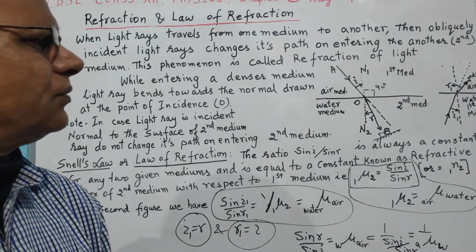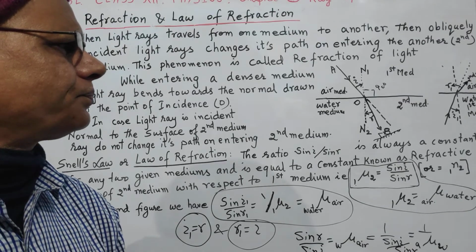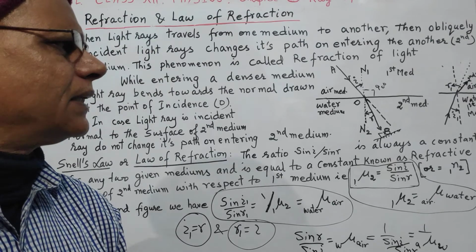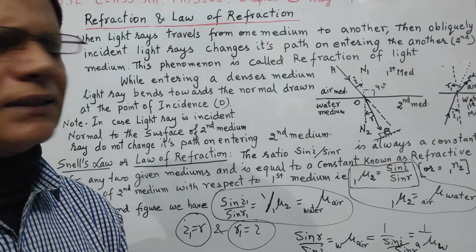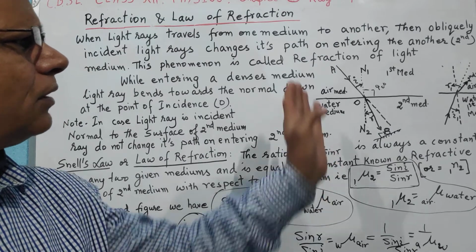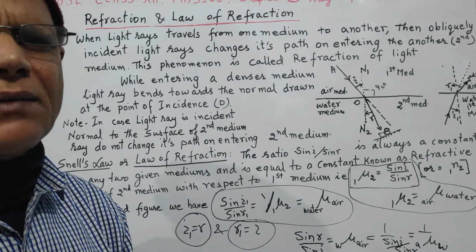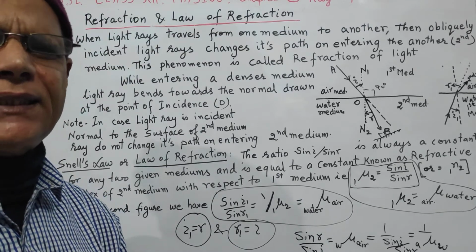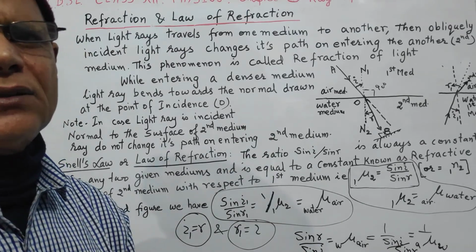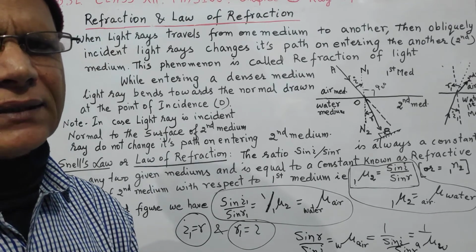Now there is one more question regarding the refraction of light, which we are not in a position to answer now, but I want to put this question in your mind. Why does it happen that when an obliquely incident light ray enters a second medium from the first medium, it changes its path, but a normally incident light ray on entering the second medium from the first medium does not change its path?